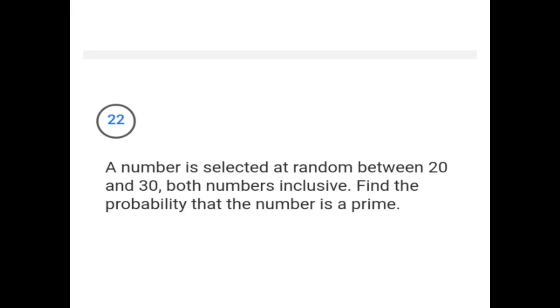Number 22. A number is selected at random between 20 and 30, both numbers inclusive. Find the probability that the number is a prime. Numbers between 20 and 30 are 11 numbers.